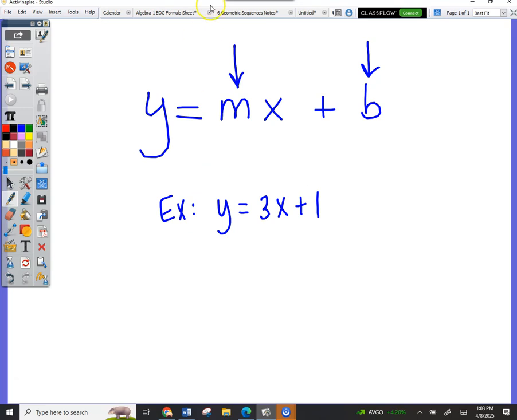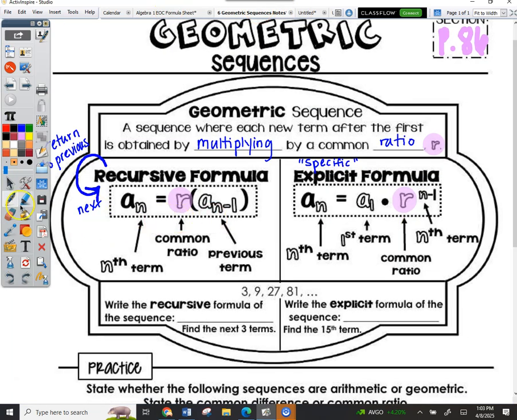The same thing goes for sequences. I'm going to put, I don't know what color, I'll do gray. I'm going to put gray. A sub n and a sub n minus 1 are variables. When you're writing the actual formula means there should be variables in it so I can plug stuff in, right?